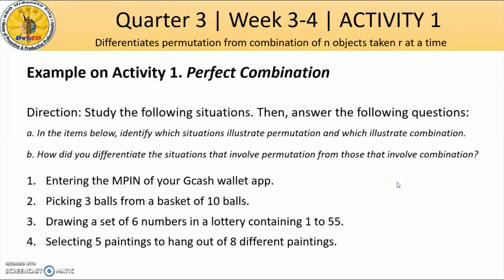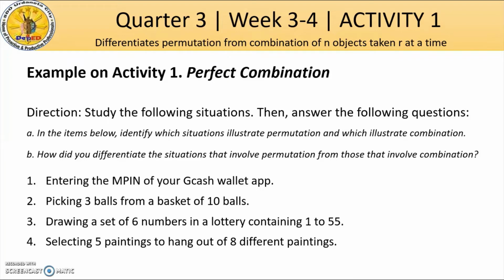Example on Activity 1, entitled Perfect Combination. Direction: study the following situations, then answer the following questions. Letter A. In the items below, identify which situations illustrate permutation and which illustrate combination. Letter B. How did you differentiate the situations that involve permutation from those that involve combination?